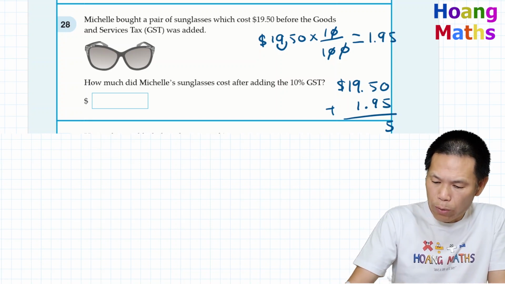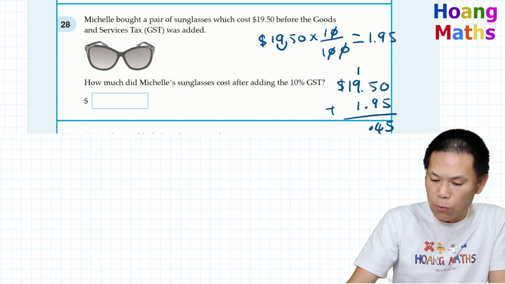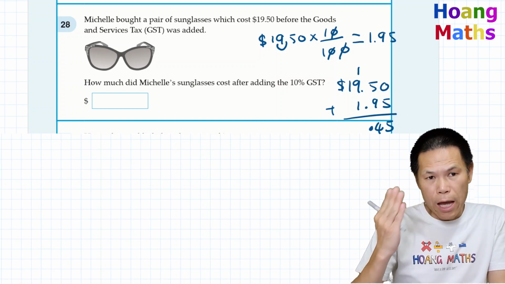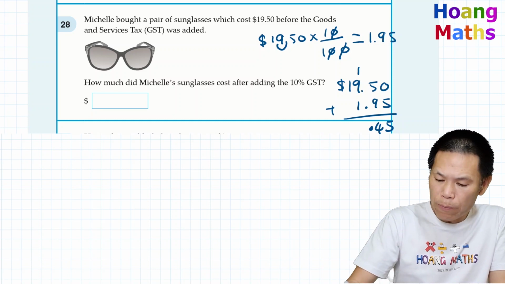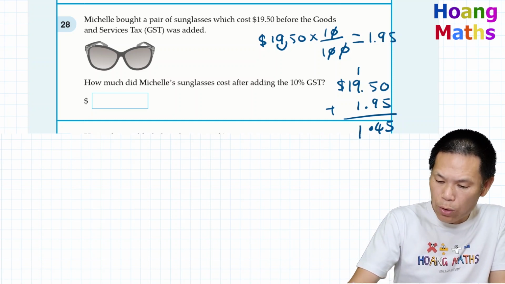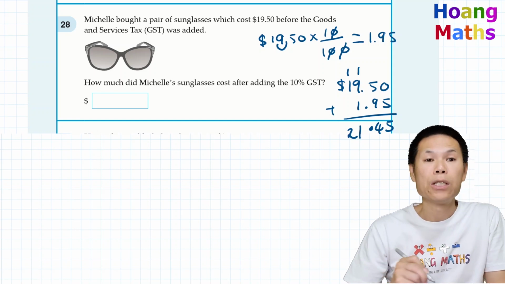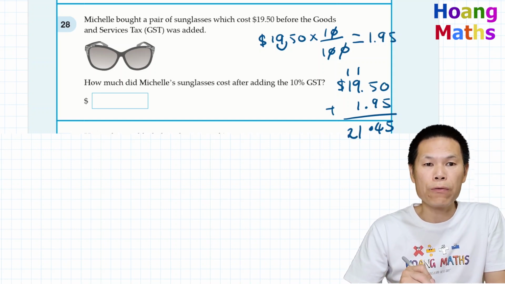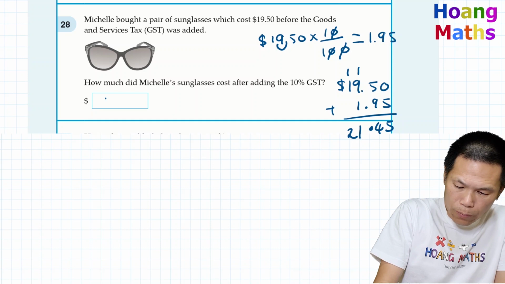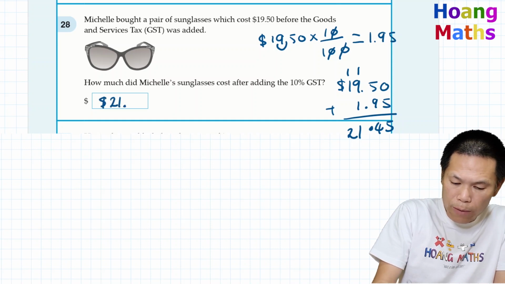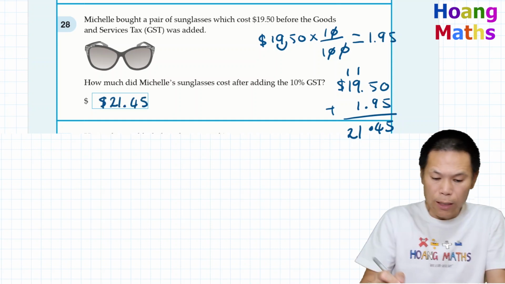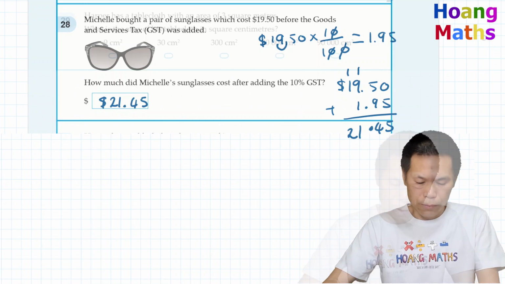So we put the 4 here and carry 1. The decimal point, we need to write this down. And then 9 plus 1 is 10. We add another 1 is 11. And we put a 1 here. 1 plus 1 is 2. So that is $21.45. So there you go.